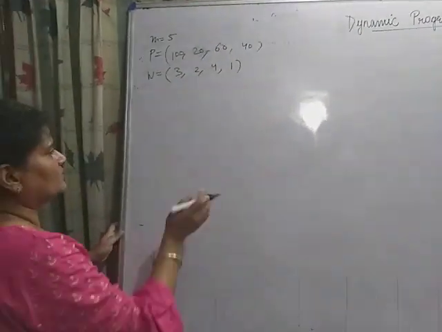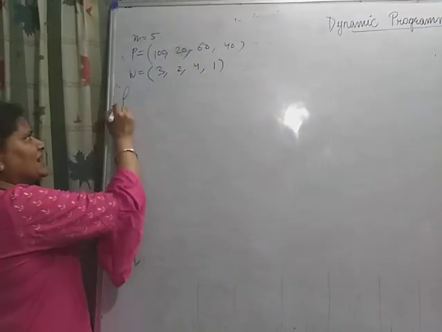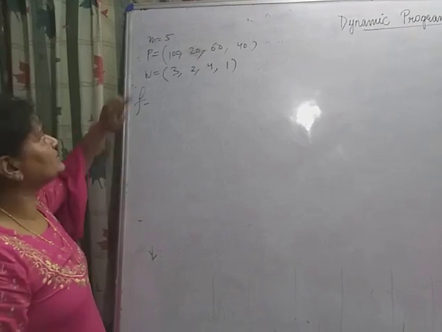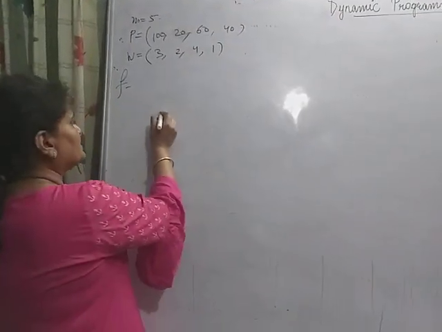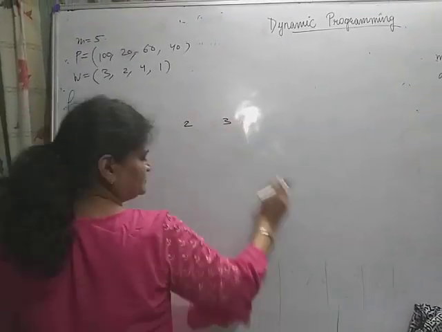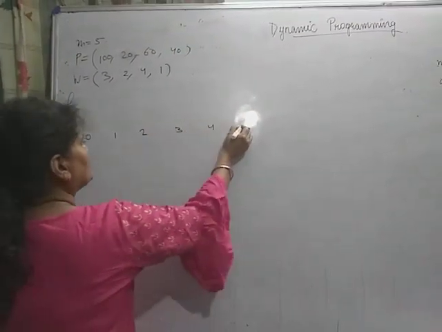Now we create the table, the F table. How many columns? M plus 1, 0 to 5, so 0, 1, 2, 3, 4, 5.